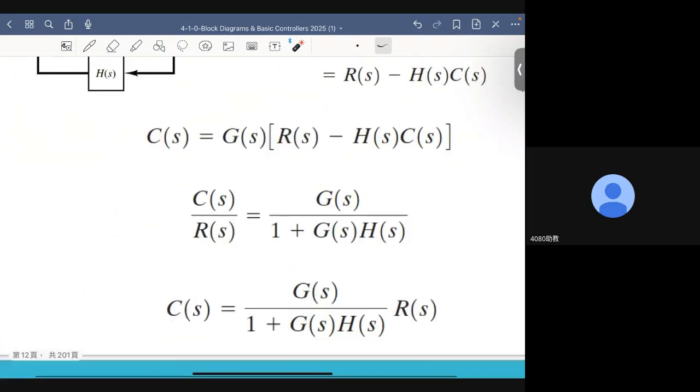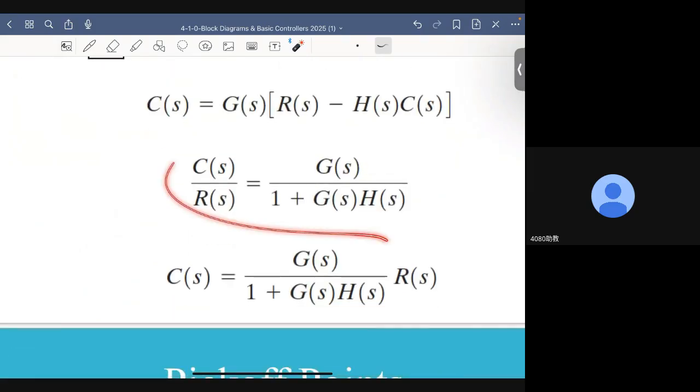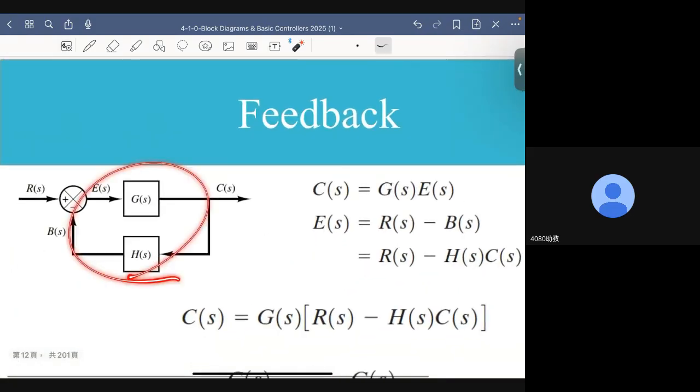So I want you to remember this result, okay? And this is the transfer function of this closed loop feedback system.